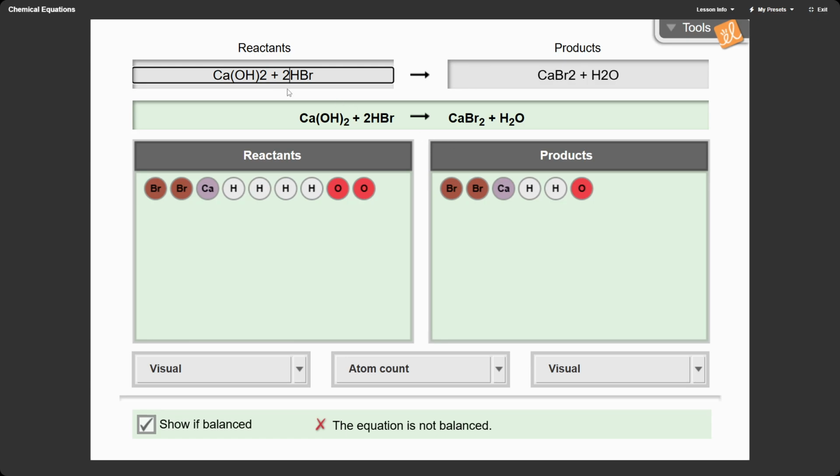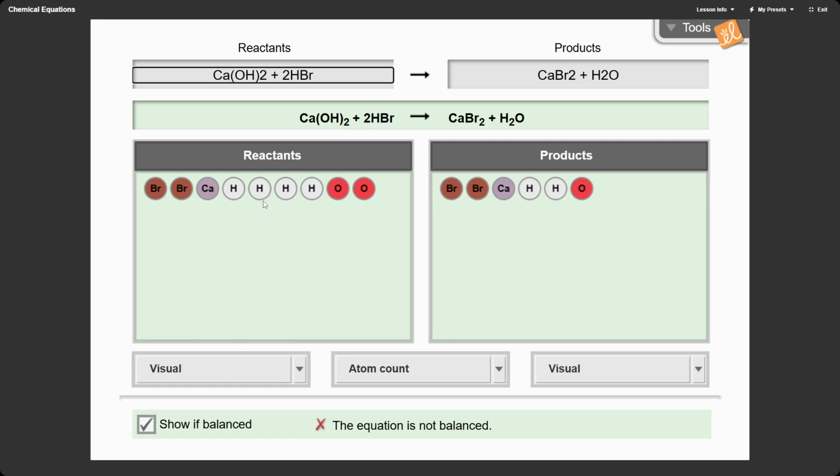If we put a 2, a coefficient right here on the left side, now we have the 2 to the hydrogen. So now we have 2 hydrogens on the left, and now we have 2 extra hydrogens also because of the left side. Now the bromines are balanced on the left and right.